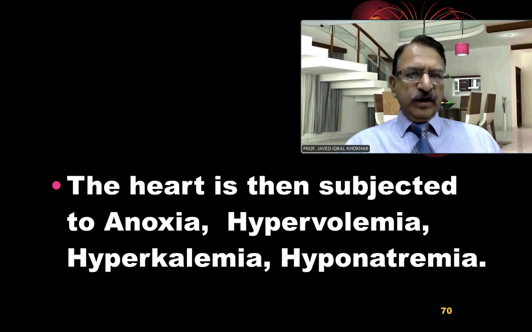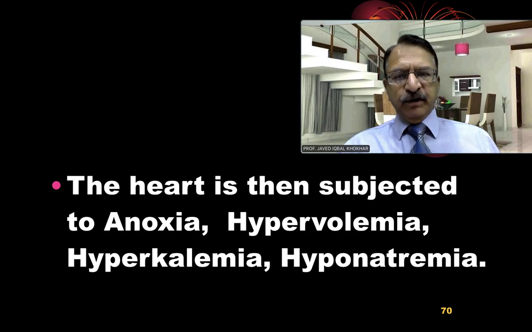And now the heart will be facing anoxia on the one end, there will be hypervolemia and electrolyte imbalance, that is hyperkalemia, increase in the amount of potassium because of the bursting open of the red cells, and hyponatremia, falling sodium. And this anoxia is not only because of the blockage of the respiratory passages with the fluid and the oxygen is not being absorbed, but on the other hand, the red cells are bursting and they are not carrying oxygen, and the volume of the blood is increased. So these are all the insults which the heart is facing.